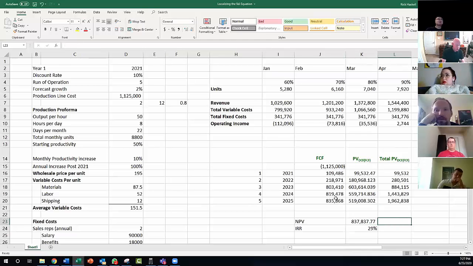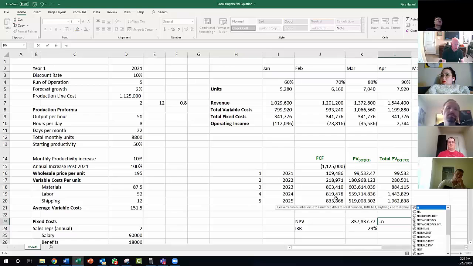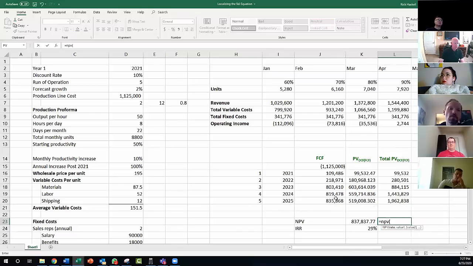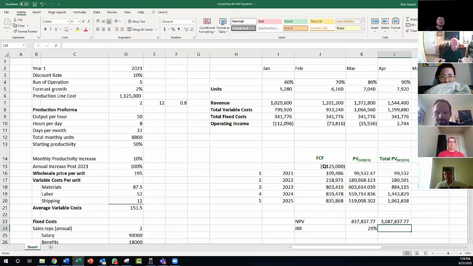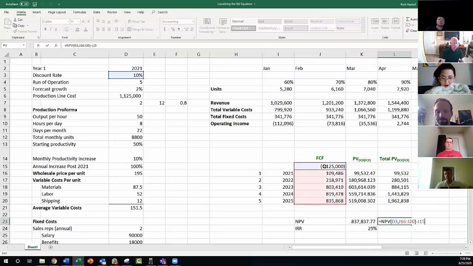Okay. Now I could have done NPV here as well. So I'm going to pick up my rate. I'm going to pick up my values. Okay. And I'm going to say minus this. Oop, I've done something wrong. Last time we did IRR on the last column on total PV.